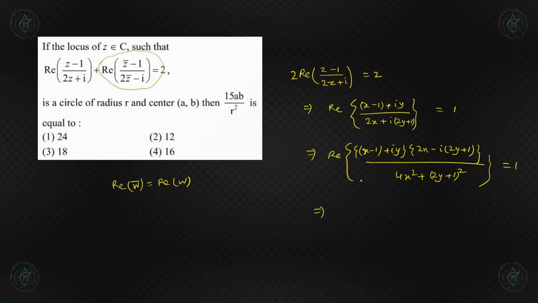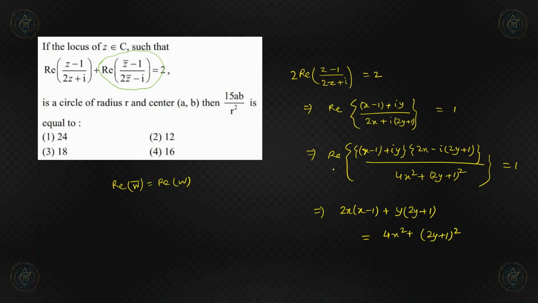If we calculate the real part only, it will be this into this minus this into this, so 2x into (x minus 1) plus y into (2y plus 1), equal to 4x square plus (2y plus 1) whole square.